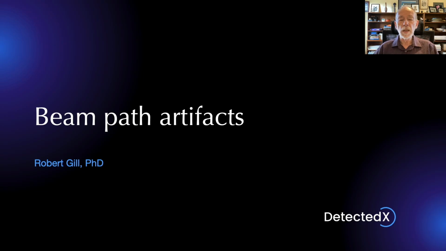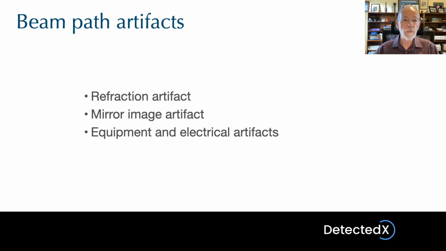So this talk is about artifacts that occur when that assumption is not correct. We will look at refraction, mirror image artifact, and then one other category that we will just look at briefly, which is artifacts related to equipment faults and electrical interference.